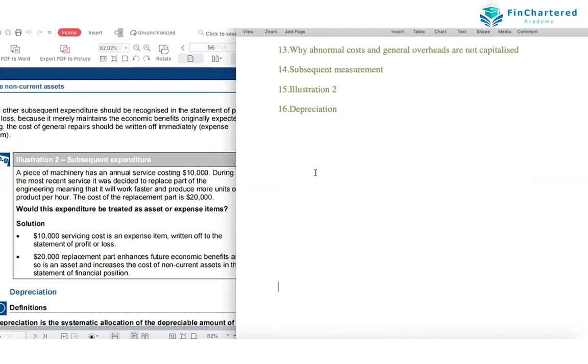Say you buy a mobile for 80,000 rupees INR. The value is 80,000. The question to you is, after 1 year of using the mobile, will the value still be 80,000?